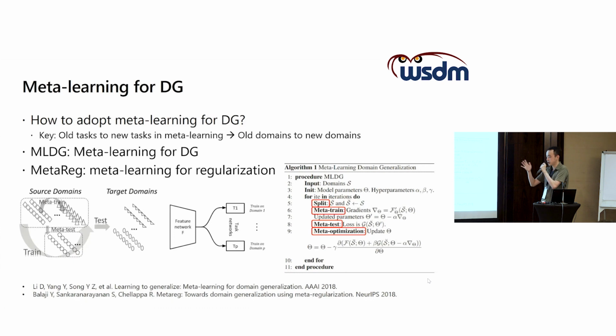One idea is to do a splitting: some part of the source domain data we can treat as the support set, and the other data we can treat as a query set. In this case, we can apply similar ideas, just like MAML, to the problem of domain generalization. Here I summarize this pipeline.